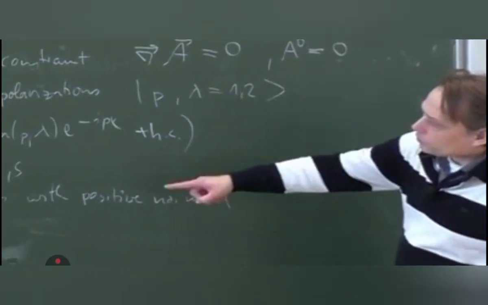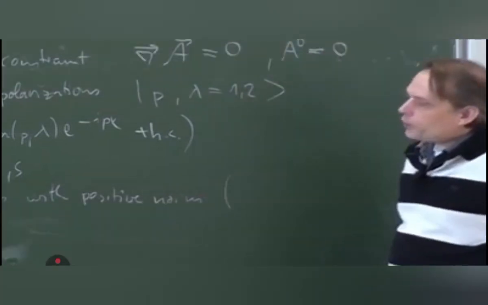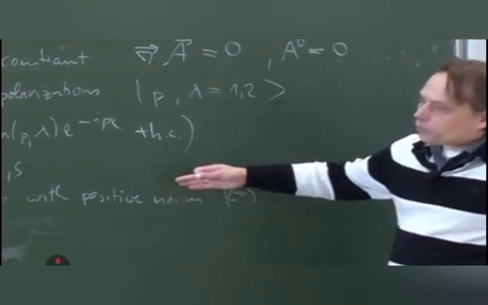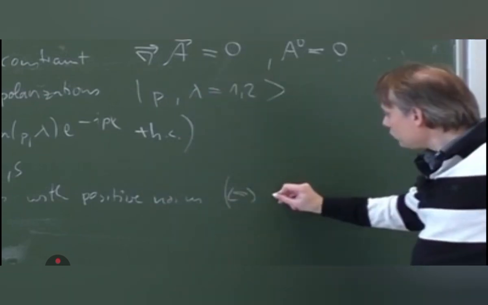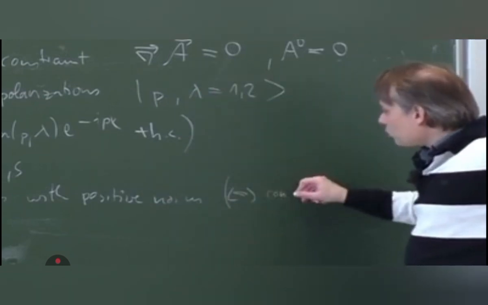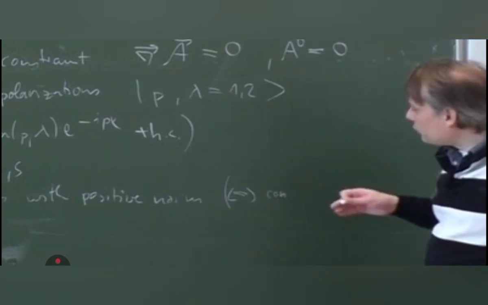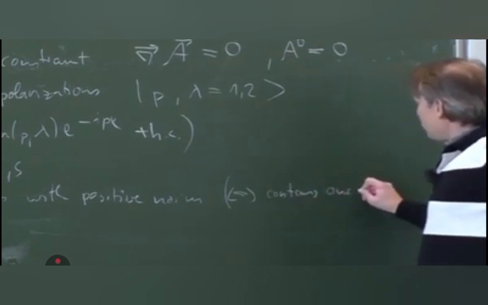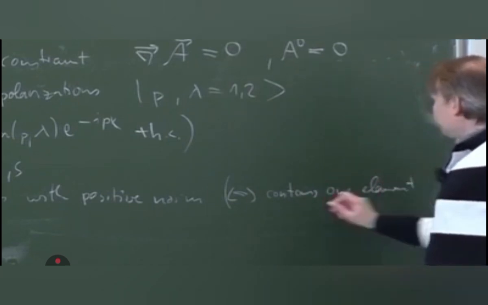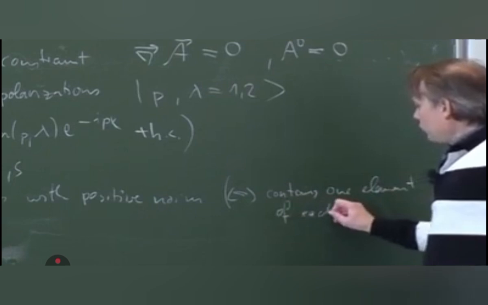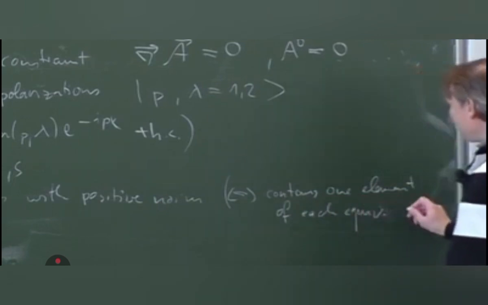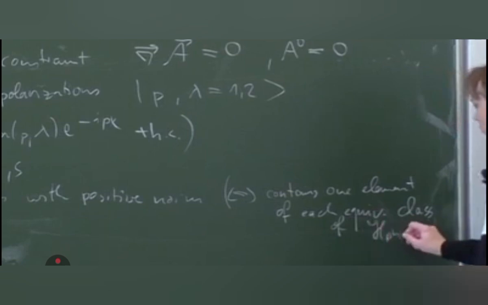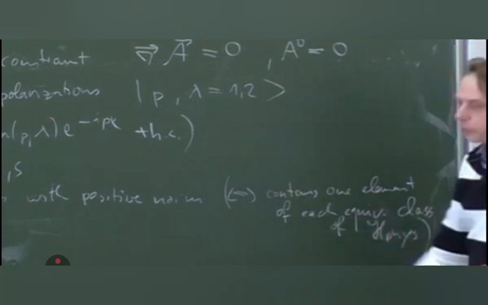And so in comparison to the Gupta-Bleuler formalism, it tells us that the Fock space which results from this procedure contains always one element of each equivalence class of the H physical Hilbert space of the other formalism.